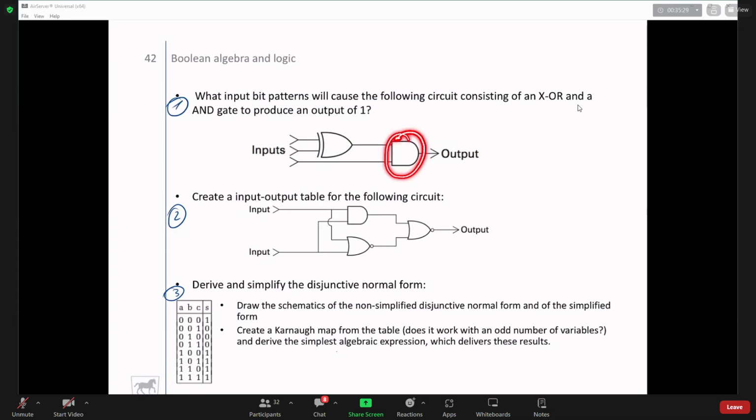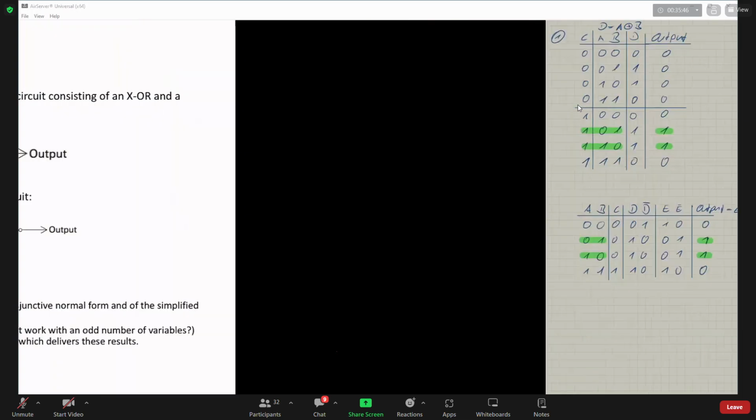An AND gate, right? And that one? XOR gate. That's an XOR, right? So that's an XOR. Here we have an AND. So I will maybe redraw that on an additional slide.